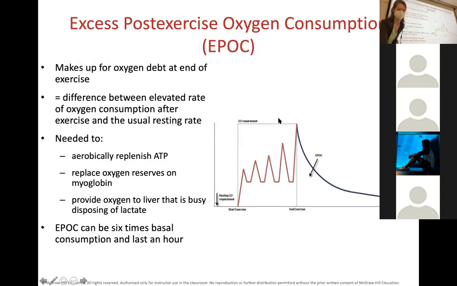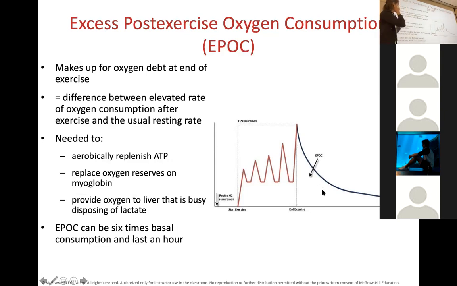So you stop exercising, but you're still consuming, for up to an hour or two afterwards, a lot more oxygen than you would in a resting state. So this area under this curve is the EPOC, that excess post-exercise oxygen consumption.